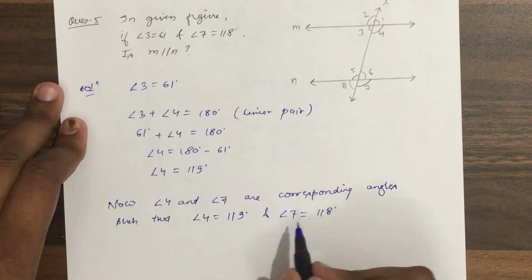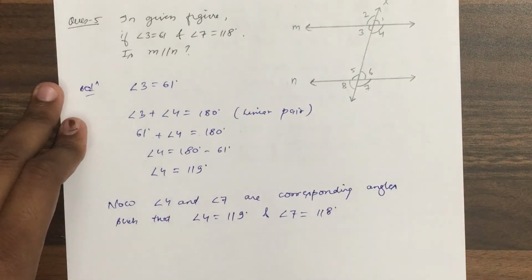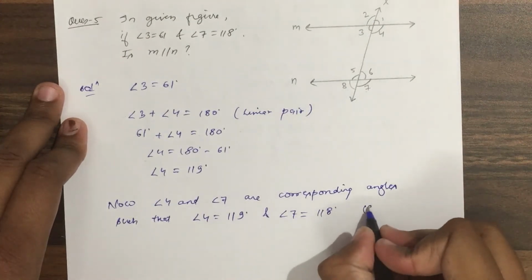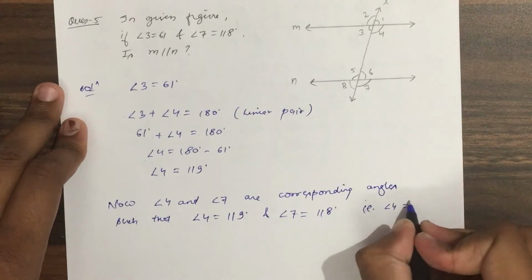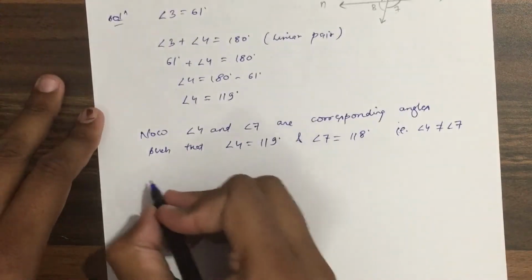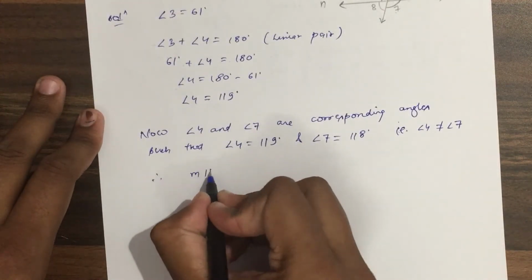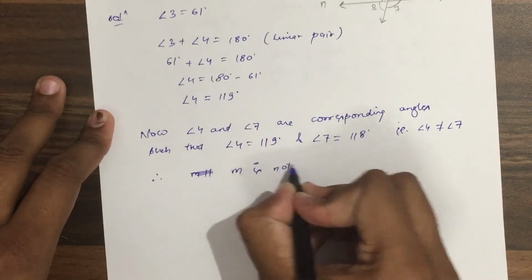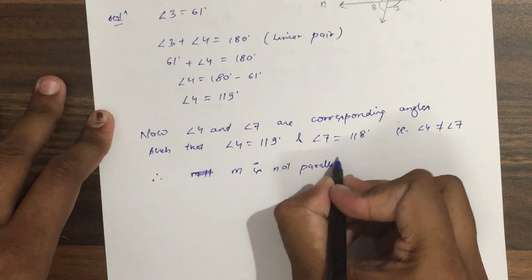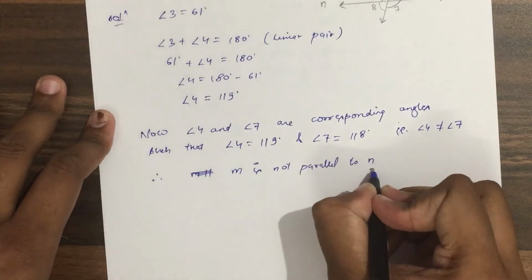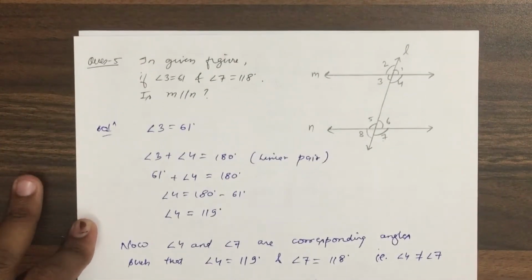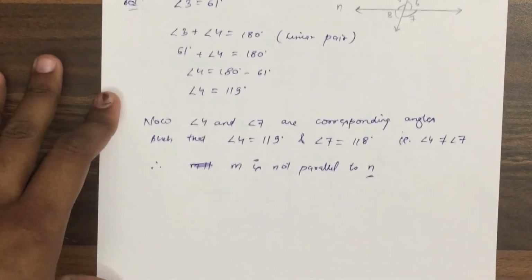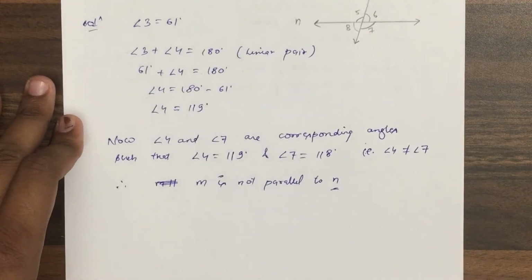Since here they are not equal, therefore M is not parallel to N. So this is your answer. Simply we have proved that corresponding angles are not equal.